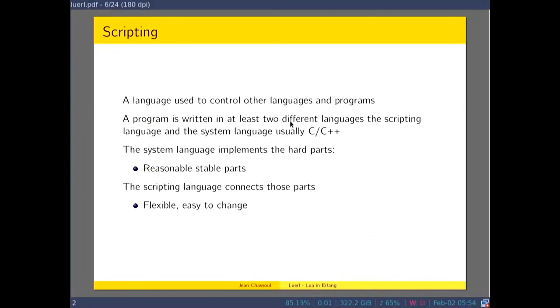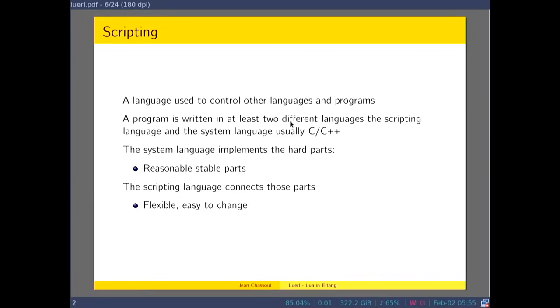It's a scripting language used to control other languages, not in the sense of other dynamic languages like Python or Perl, but in the sense of Unix shells. With Lua, you always have a program that is written in two different languages.